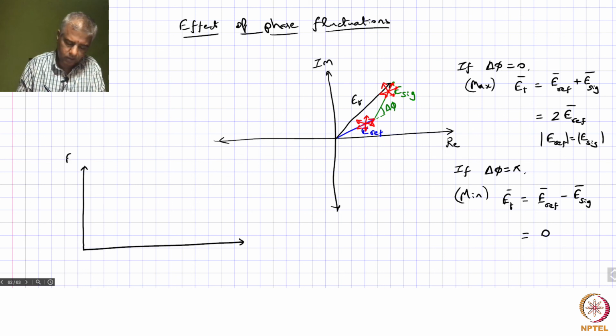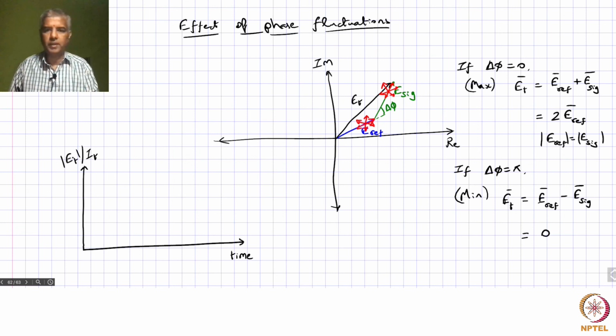And because of these random fluctuations, now when you look at your signal as a function of time, right? So basically the ET, or you can also look at the intensity, which is the mod of ET squared, as a function of time. So just looking at the magnitude of ET, let's say for a given delta phi, you are expecting something like this.